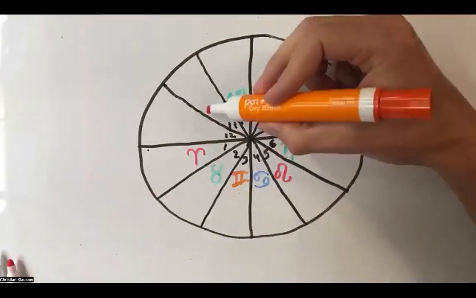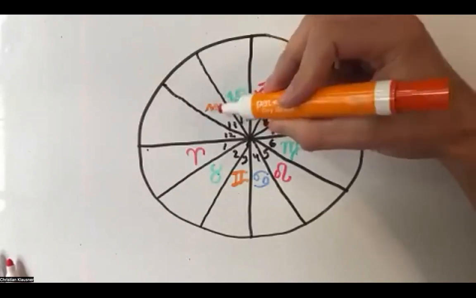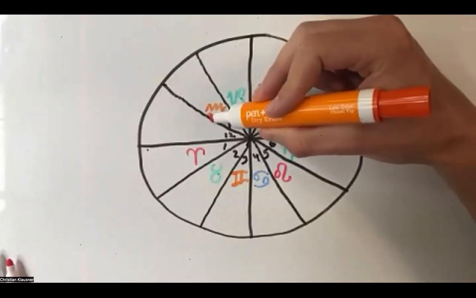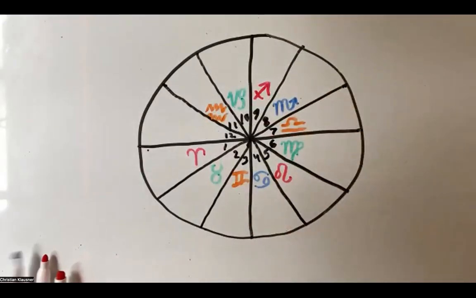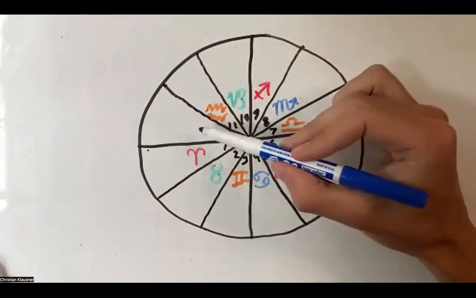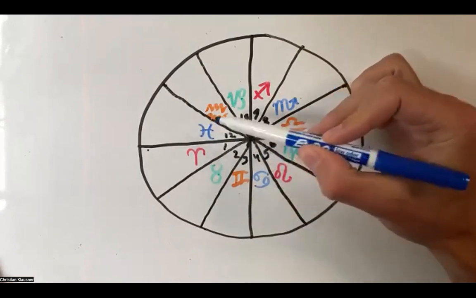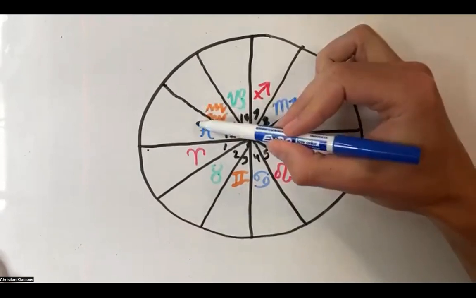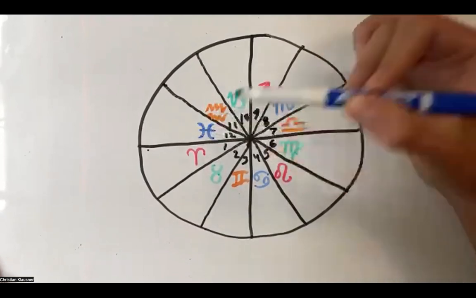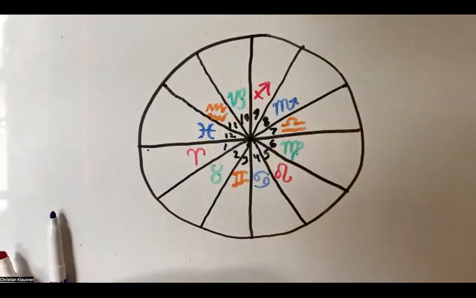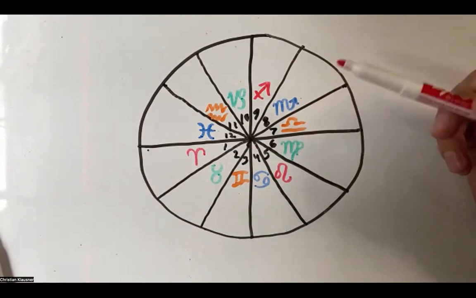Then we got Aquarius, the sign of revolutionary thinking, the sign of the humanitarian. And then lastly, we got Pisces, the martyr, the empath, the dreamer, the mystic, the one who dissolves it all so we can start a new cycle. Okay, got our signs there. Now we're going to fill them in with the planets.